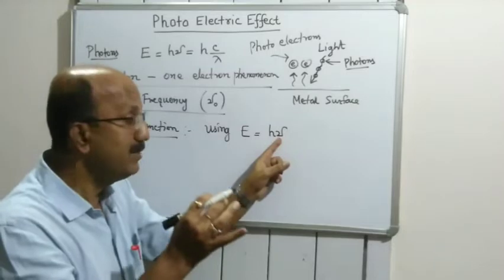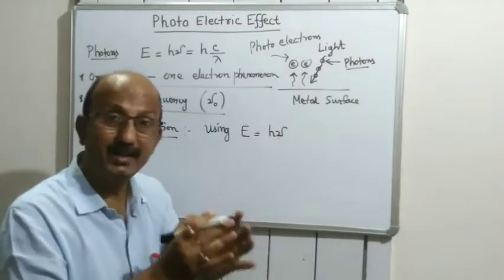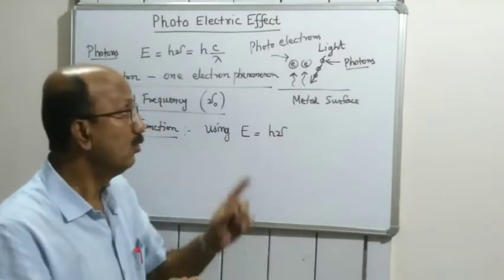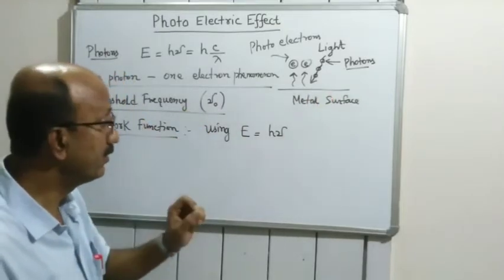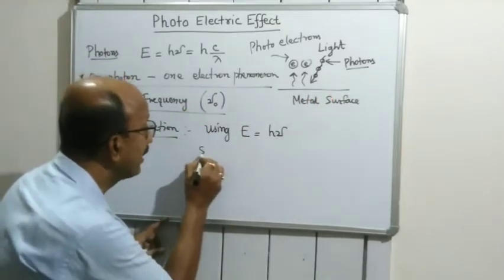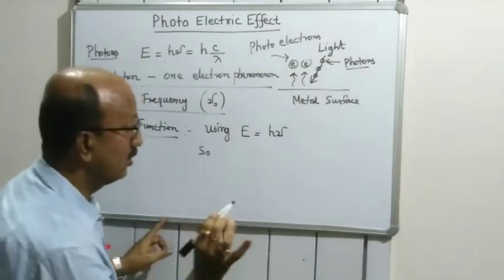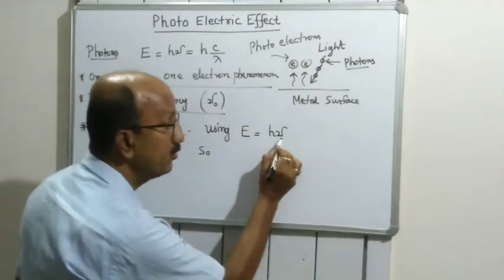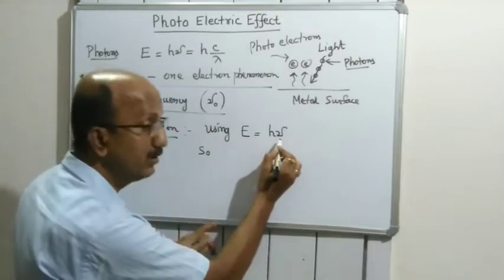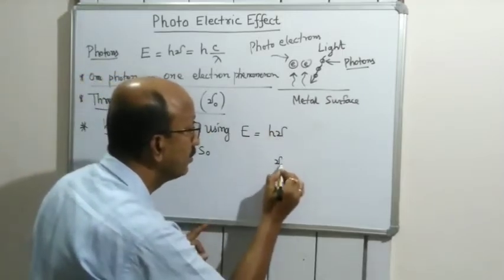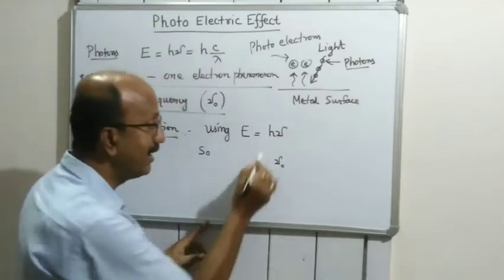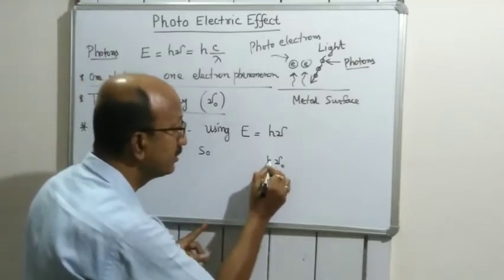But my aim is to find the energy associated with a photon whose frequency is just equal to the threshold frequency. So if I use this formula, now this nu has to be written as nu naught, threshold frequency, and h is Planck's constant.